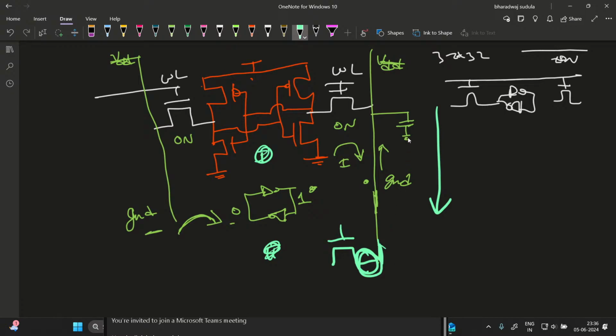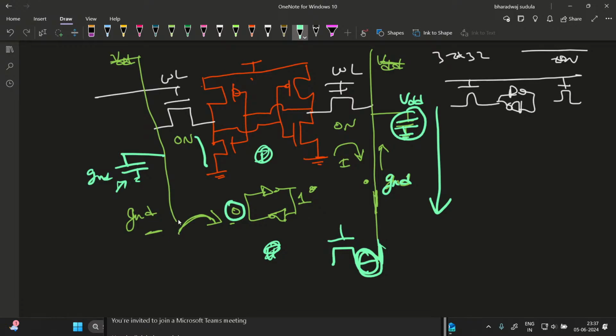Together they resemble some finite capacitance. You have pre-charged it to ground. Now it is charging up to VDD. And this capacitor stays at ground, because this side is also connected to ground since there is 0. So there is no charging of this capacitor.